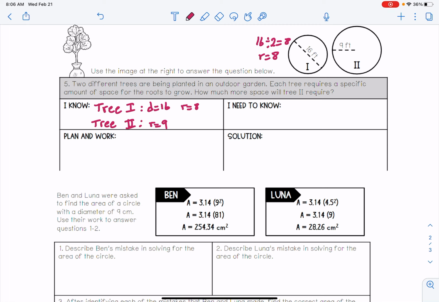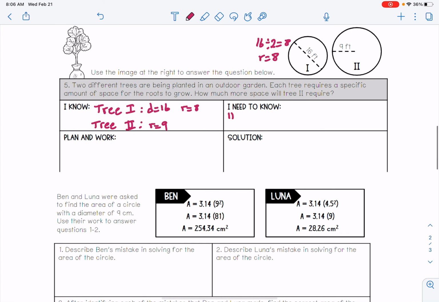We need to know how many more square feet tree 2 will require, so how many more square feet in circle 2 than circle 1?